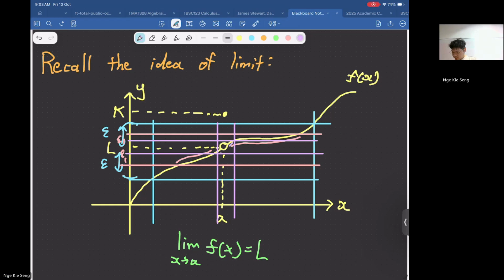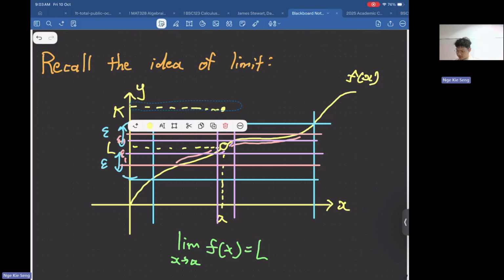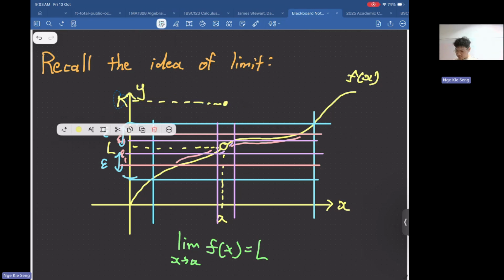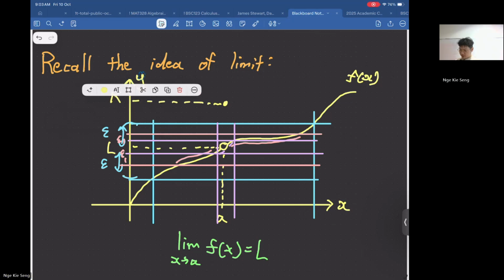Does it make sense? This is not true for this k here. If I move this k up a little bit more, so that we can differentiate between k and L, this is not true for k.